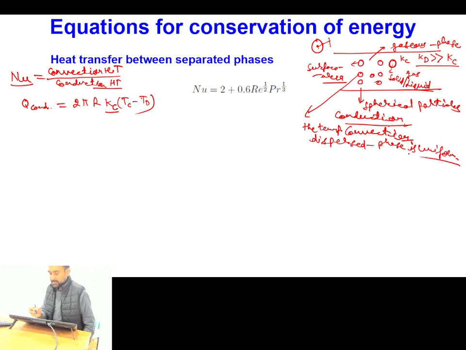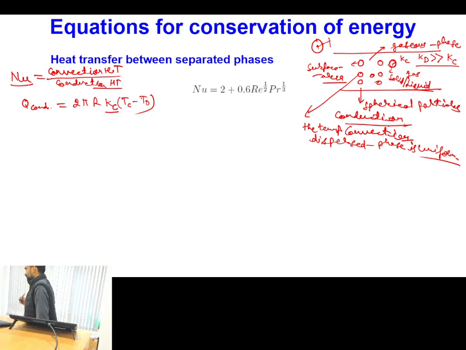See, if the rate of heat transfer in the surrounding is more, then the surface of the particle will be cooled at a faster rate. So if the surface is cooled at a faster rate, then there will be a gradient between the core and the surface.